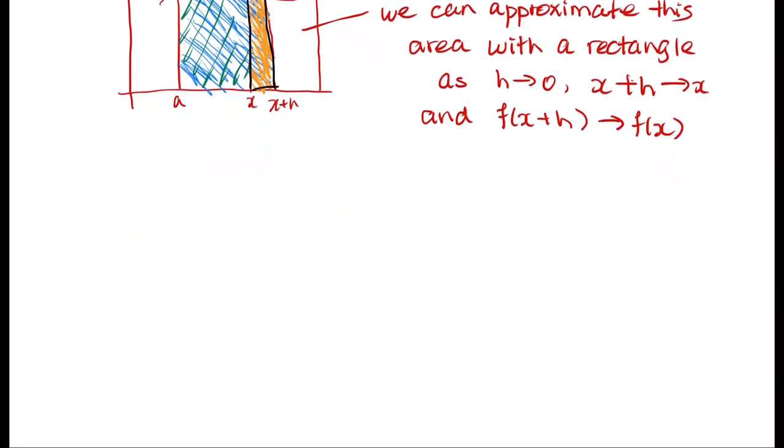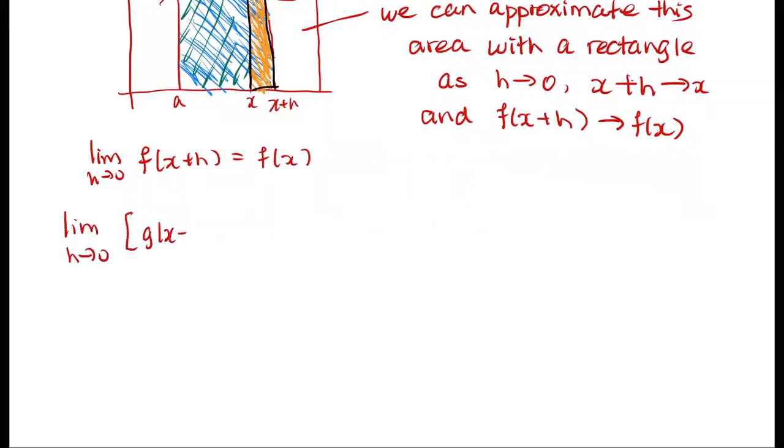So if we have the limit as H approaches 0 of f of X plus H, which is f of X, then we have the limit as H approaches 0 of G of X plus H minus G of X, which is also equal to the limit as H approaches 0 of f of X times H.